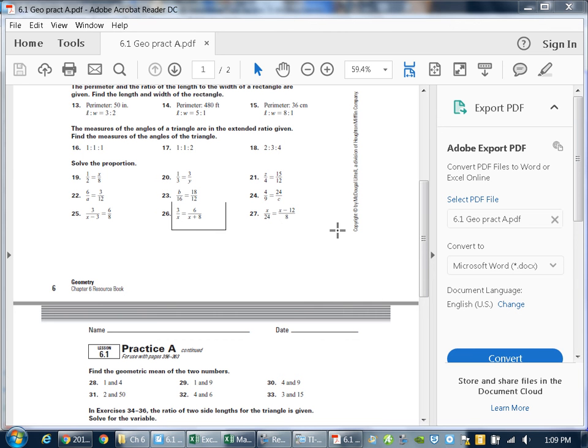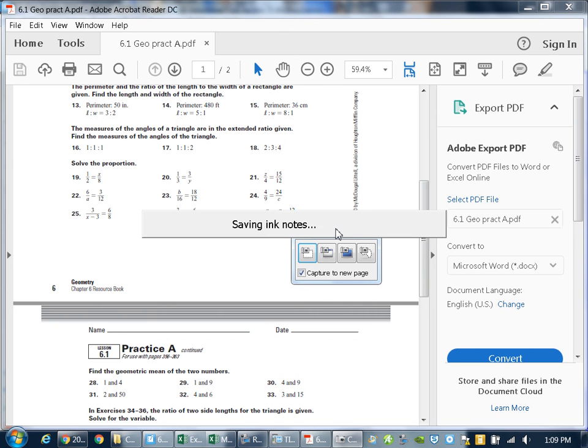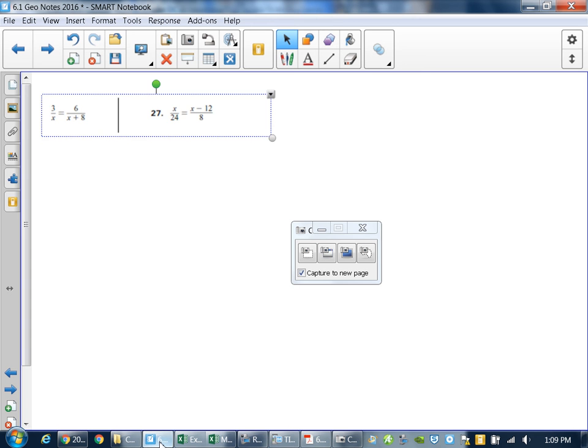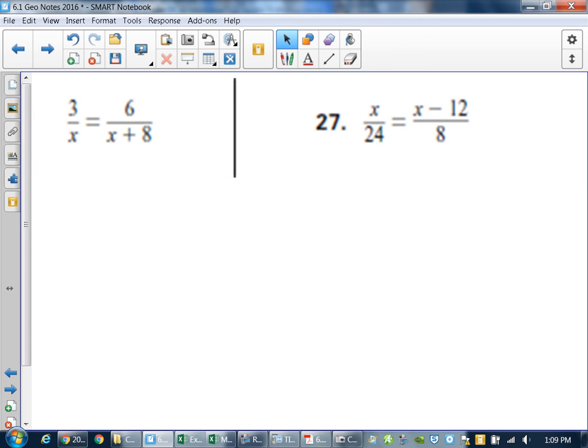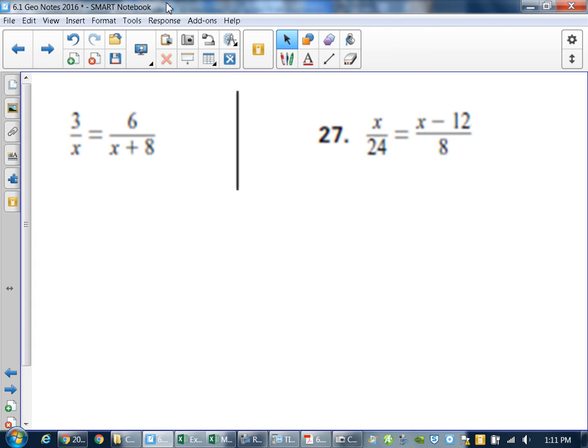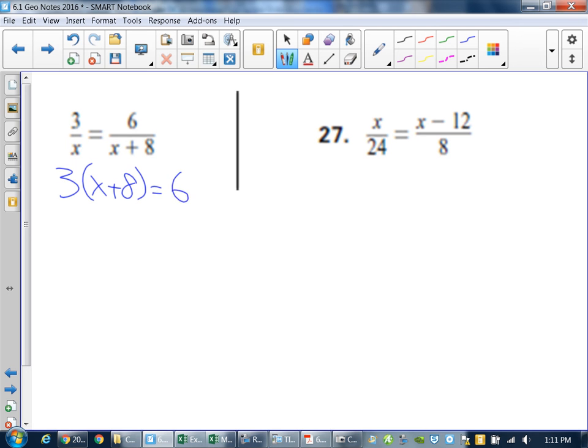Here, do these two. Do these two real quick. A couple algebra problems for you. D. Did you get 8?